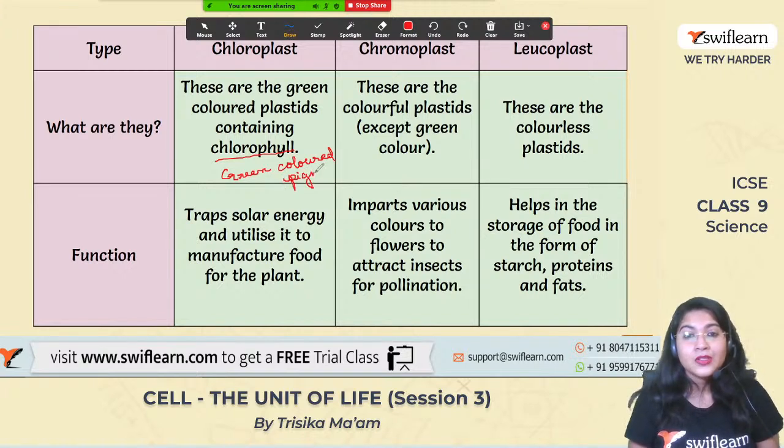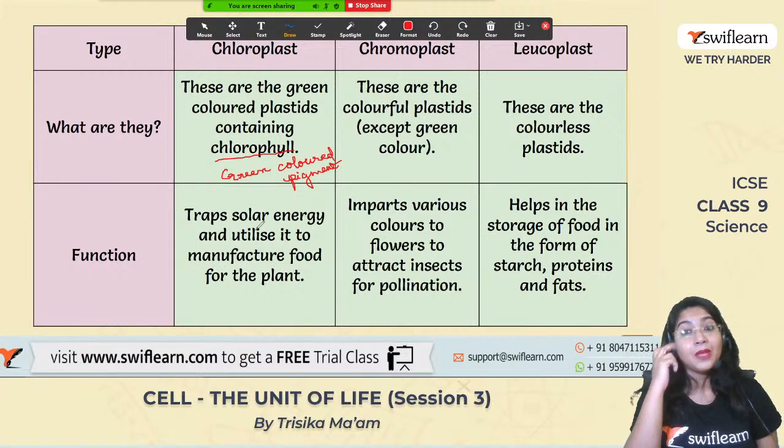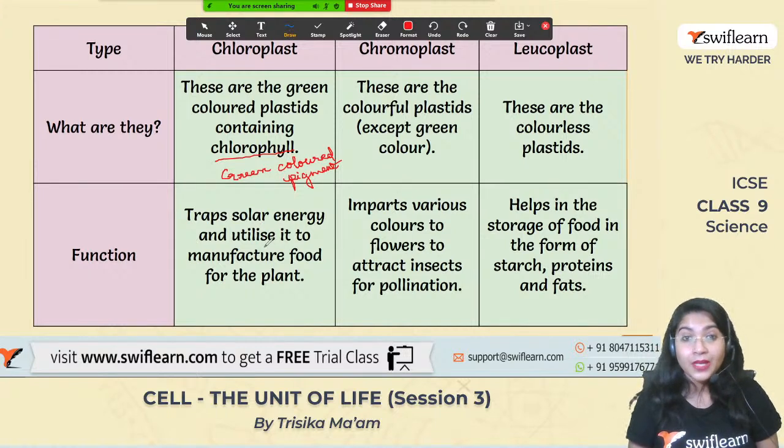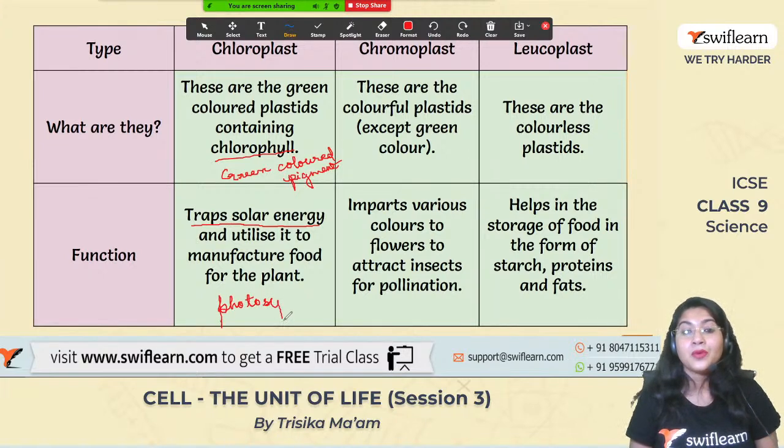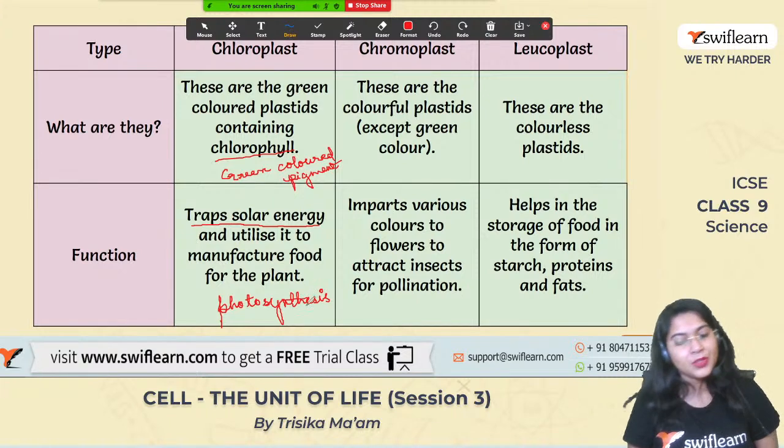As the chloroplast is present within the plants, they are green in color. What is the main function performed by the chloroplast? They trap the solar energy which helps in the formation of food, or we can say they help in the process of photosynthesis. Up to this much clear?